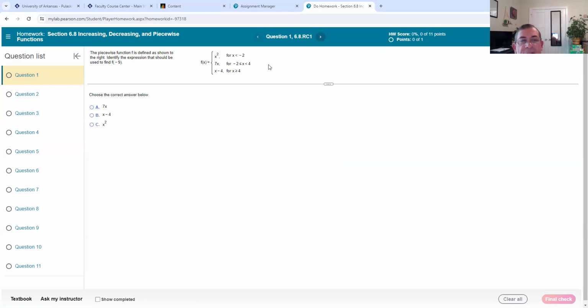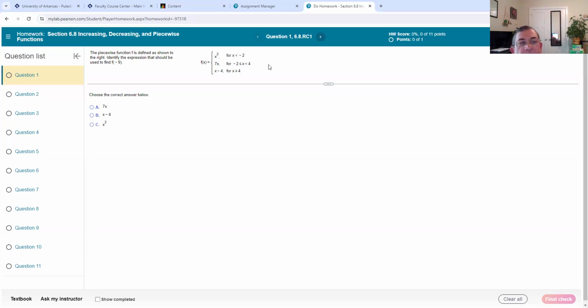F of x equals x squared if my x is less than -2. F of x will equal 7x for -2 less than or equal to x less than 4. And then I would use the last equation, x minus 4, for any x's that are greater than or equal to 4.